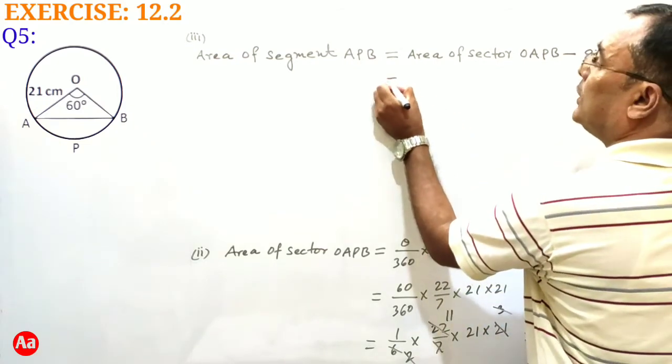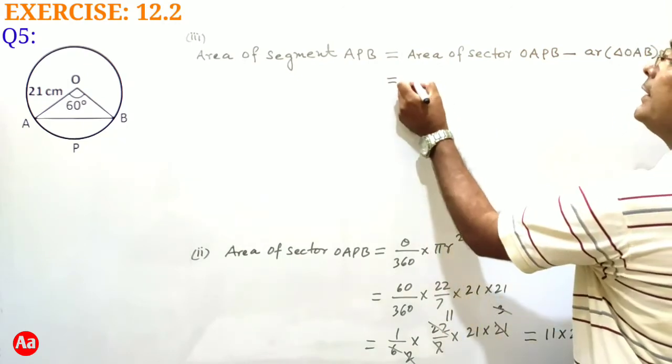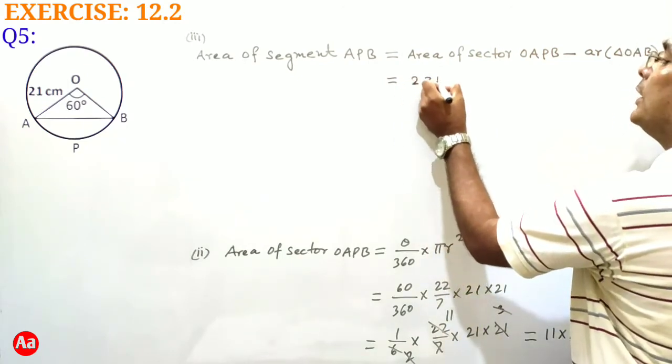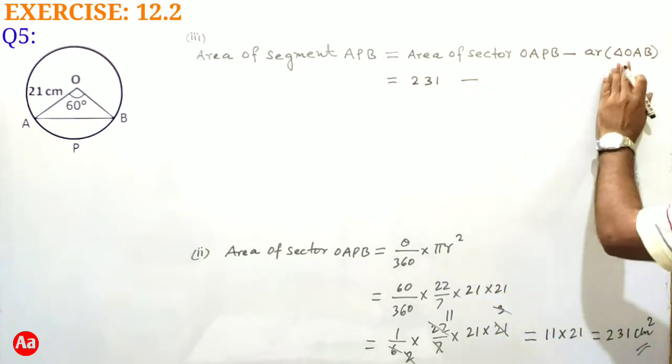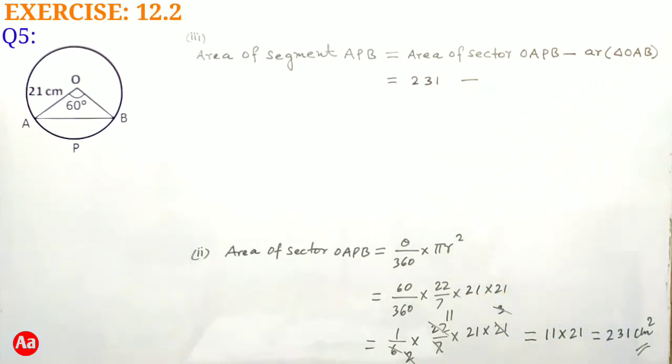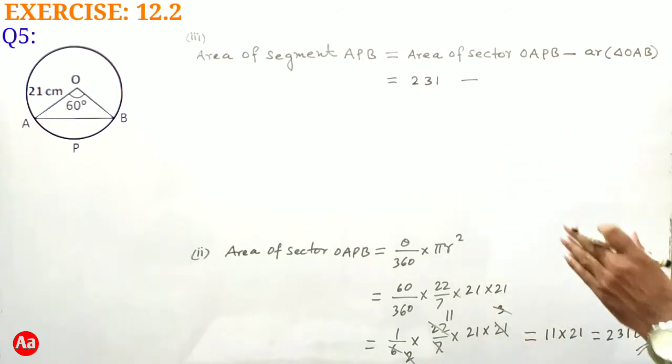So this is equal to the area of sector OAPB, we have already calculated, 231 centimeter square. So minus the area of this triangle OAB, which is an isosceles triangle.